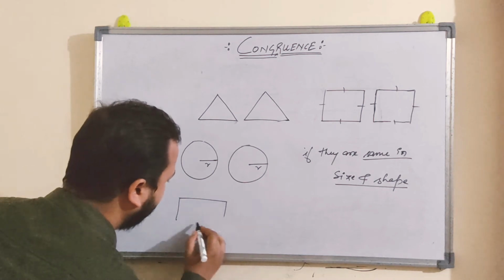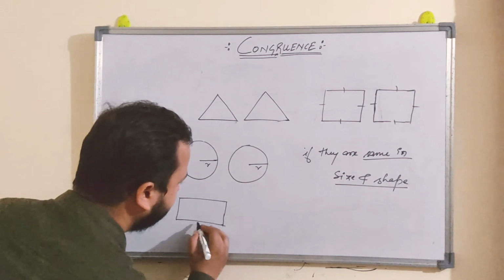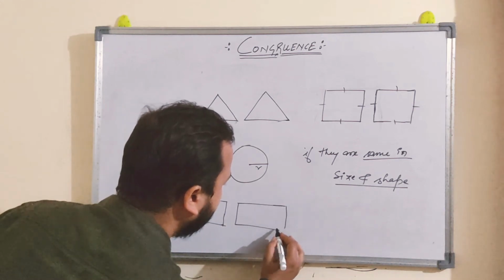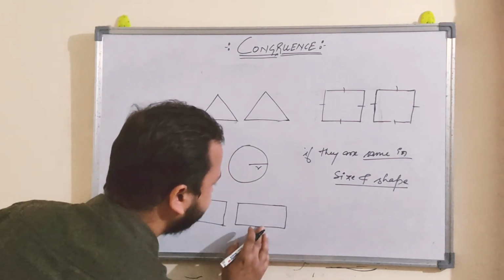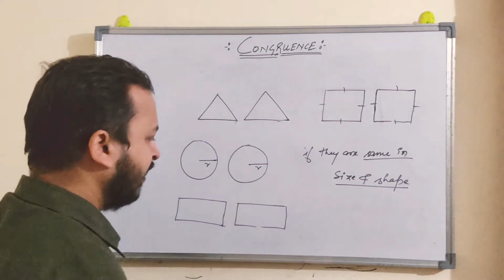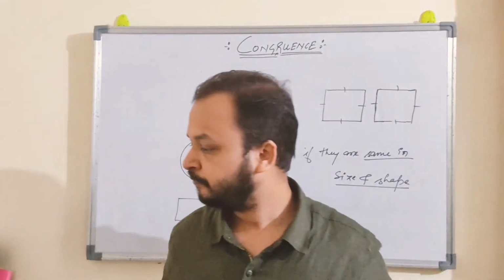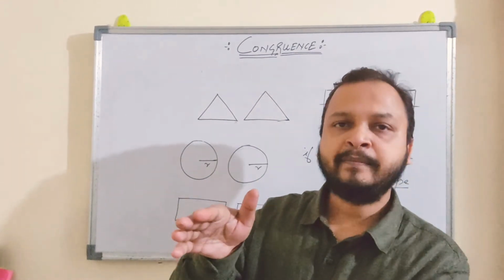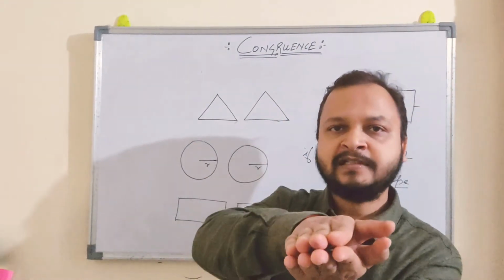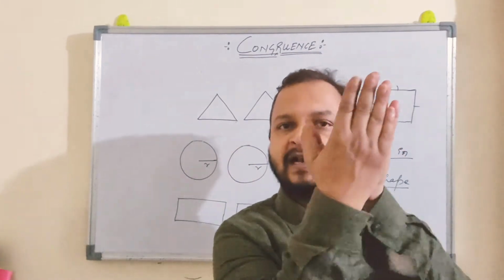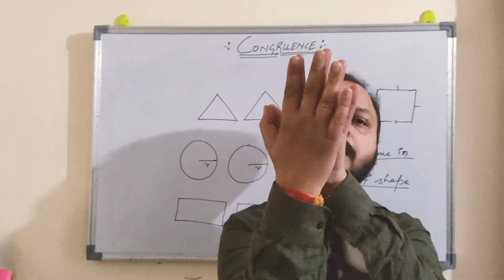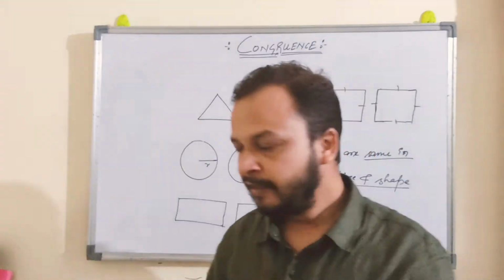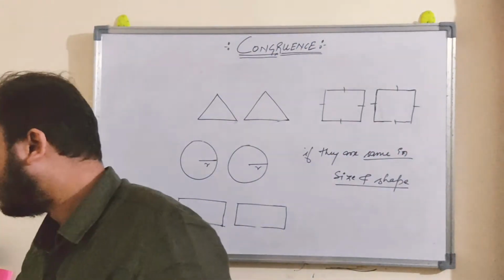Or if you are talking about the rectangle, suppose you have two books and they both are of the same size. Or like the bricks you are seeing, bricks also have the same size. If you put one brick over another brick, it covers the first brick, like this palm. So they are also congruent. This is the basic of congruency.